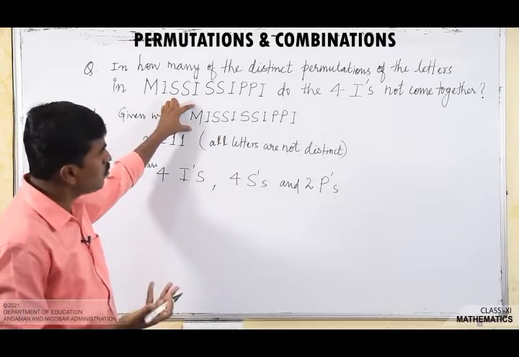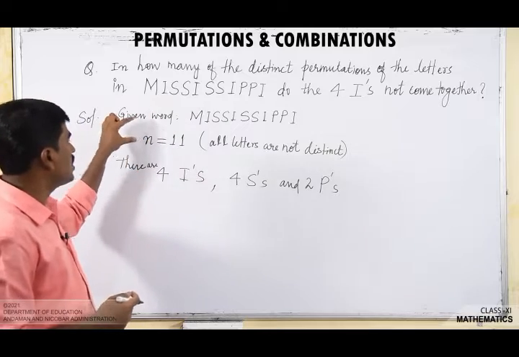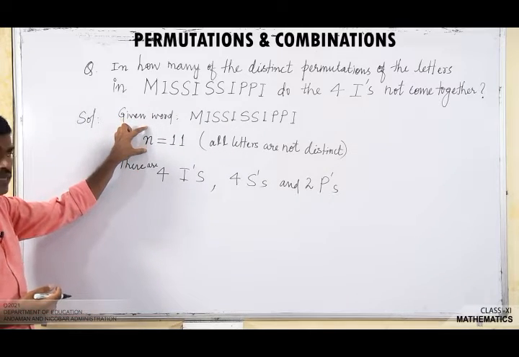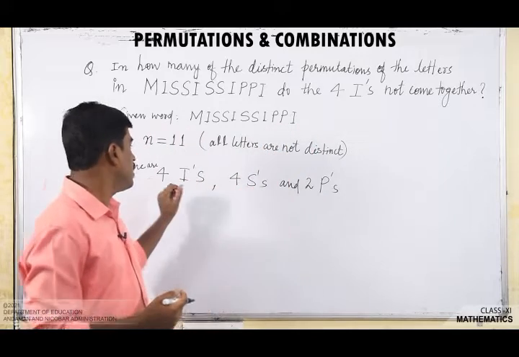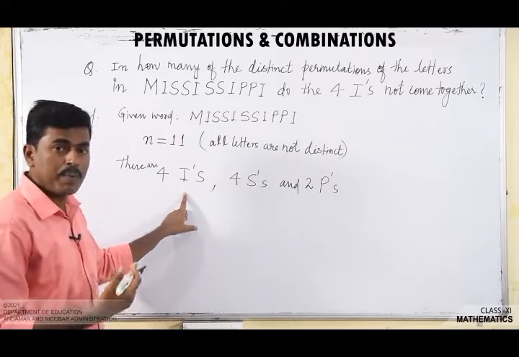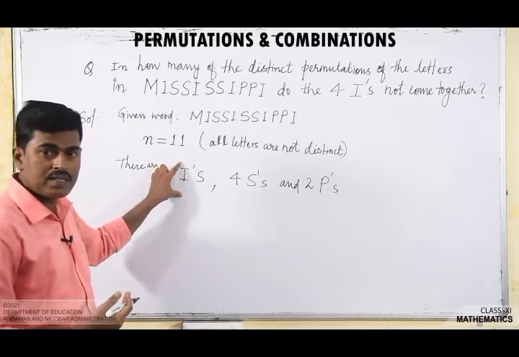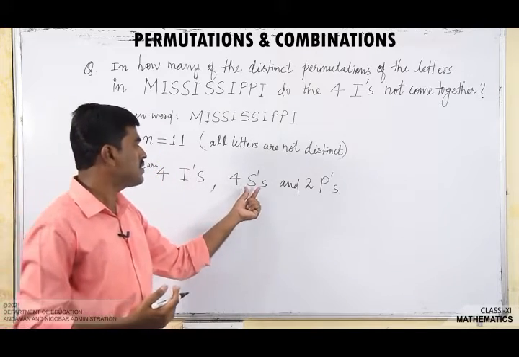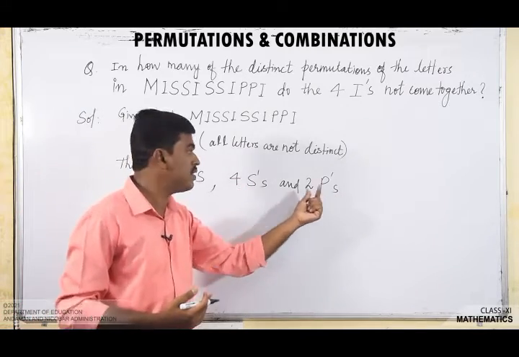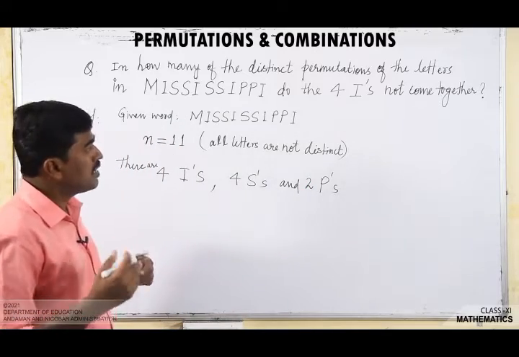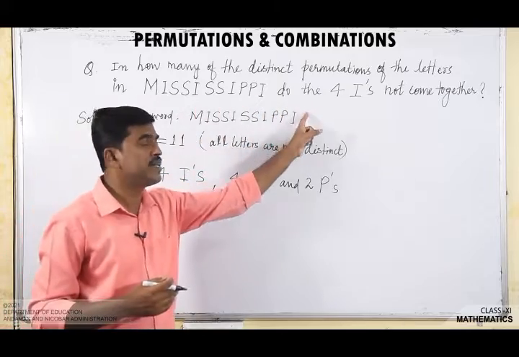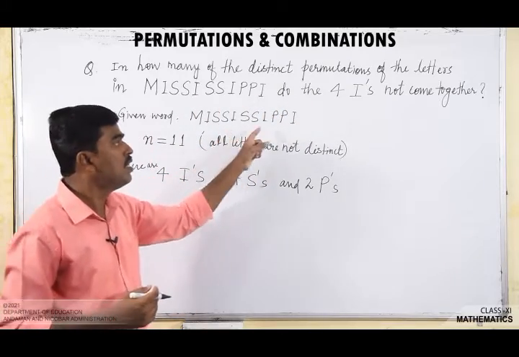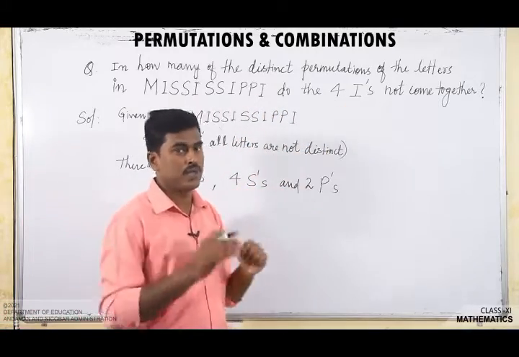M appears only 1 time. So here the total number of letters is 11, but all the letters are not distinct. There are 4 I's, S appears 4 times, P appears 2 times. But we have to find in how many of the distinct permutations of the letters of the word Mississippi do the 4 I's not come together.